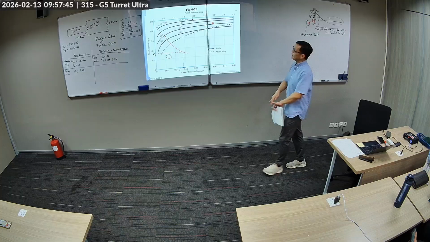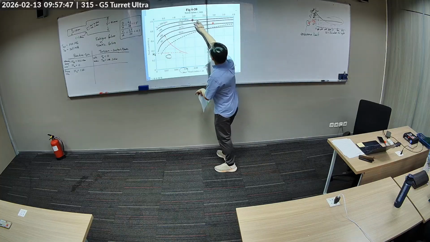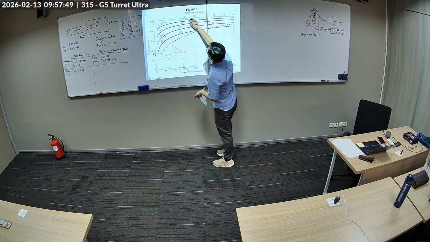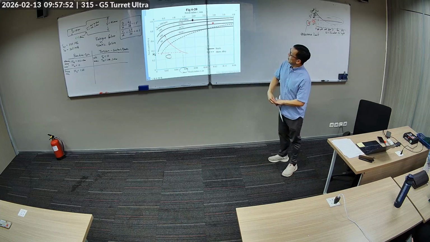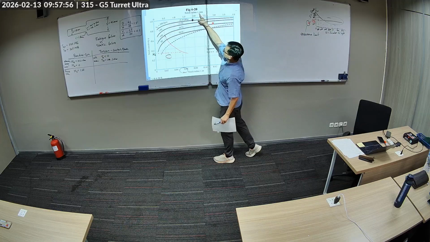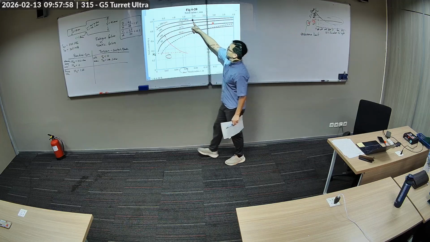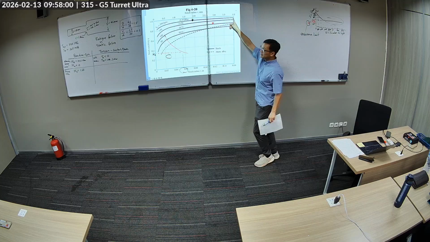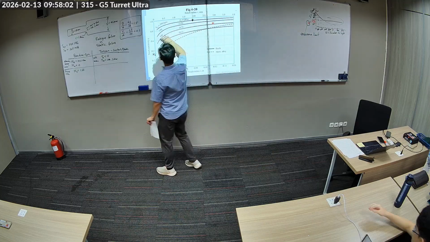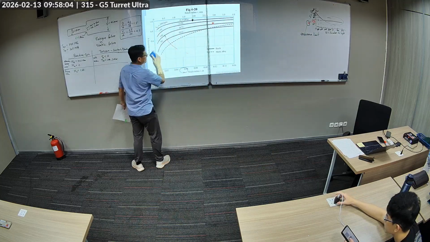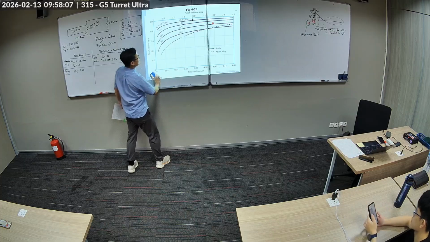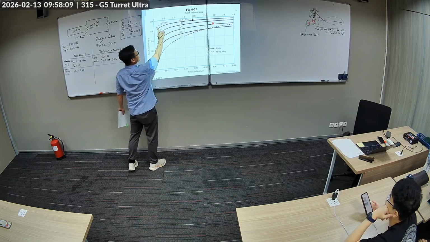Okay, the next thing we look up is this chart. This is called the notch sensitivity chart. You look up by r on the top, the radius, and these lines are the SUT.